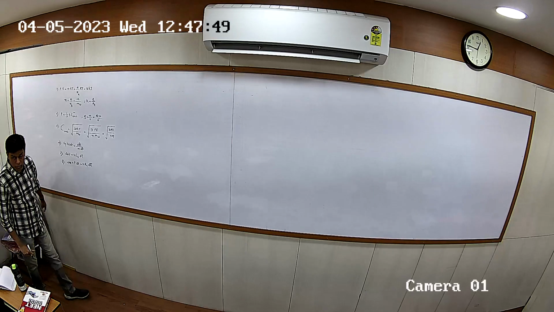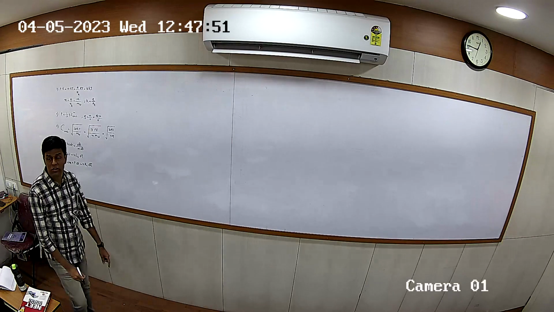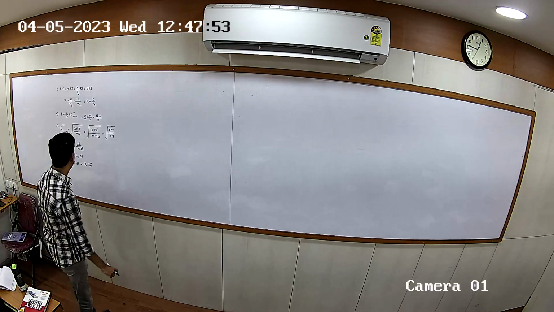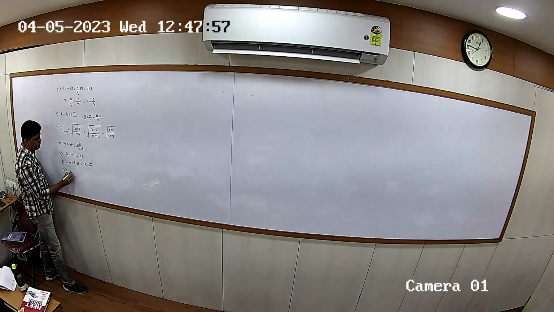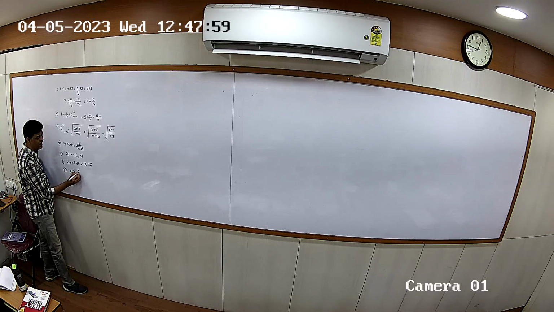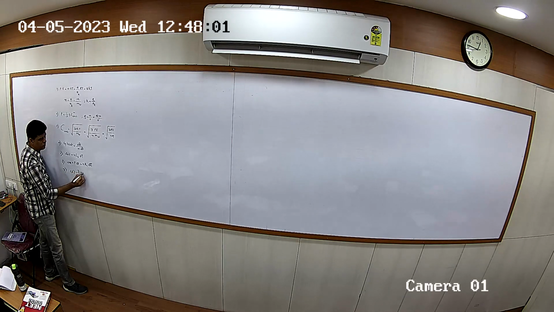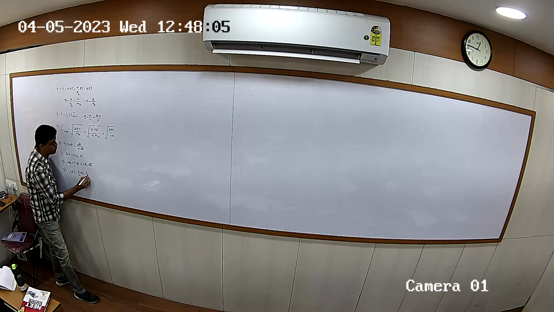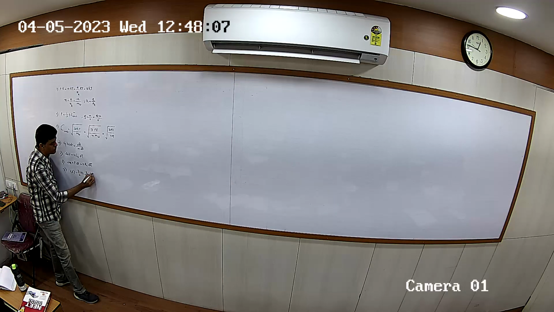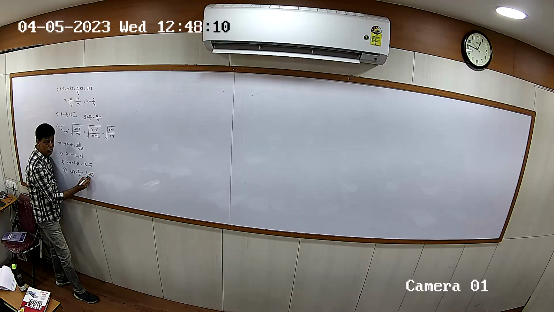One more set of equations you need, that's the equations of energy and degrees of freedom. Equation for energy is 3 by 2 PV, that is equal to 3 by 2 nRT. This is energy of n moles.